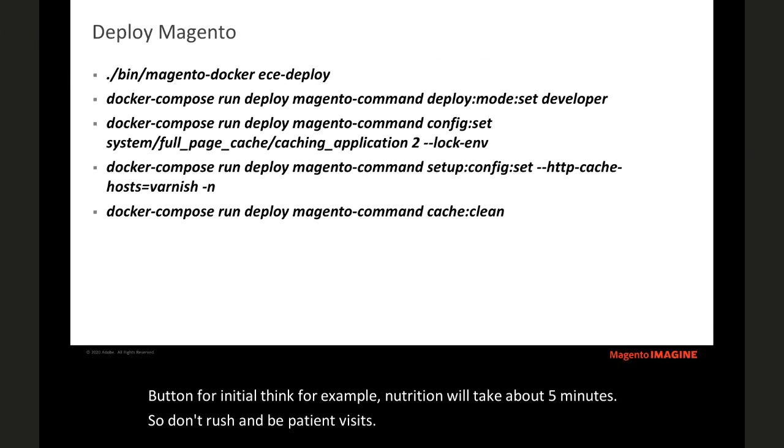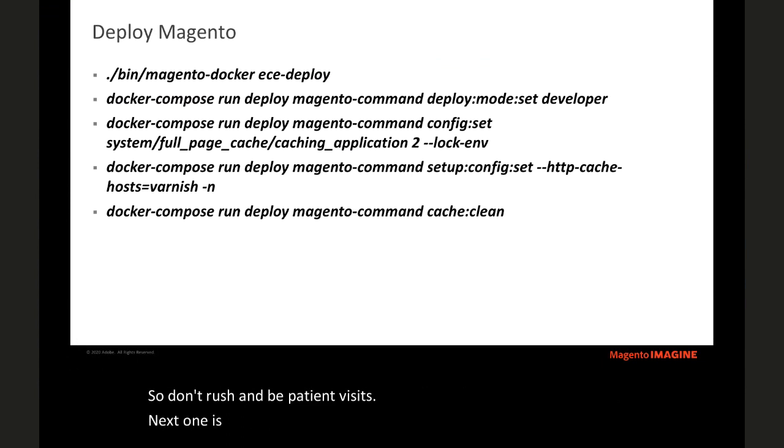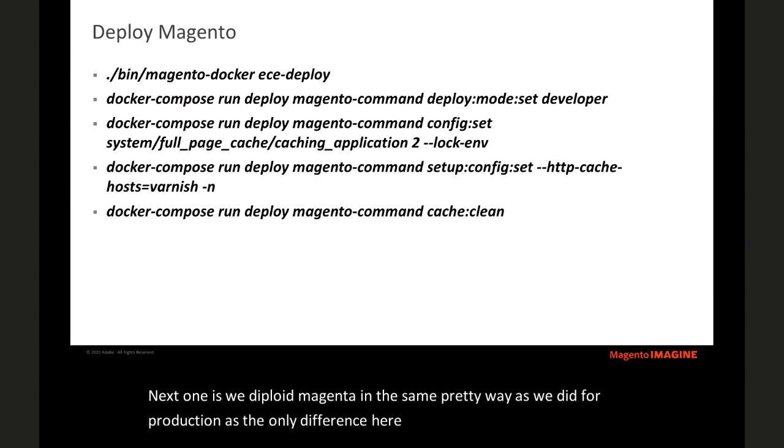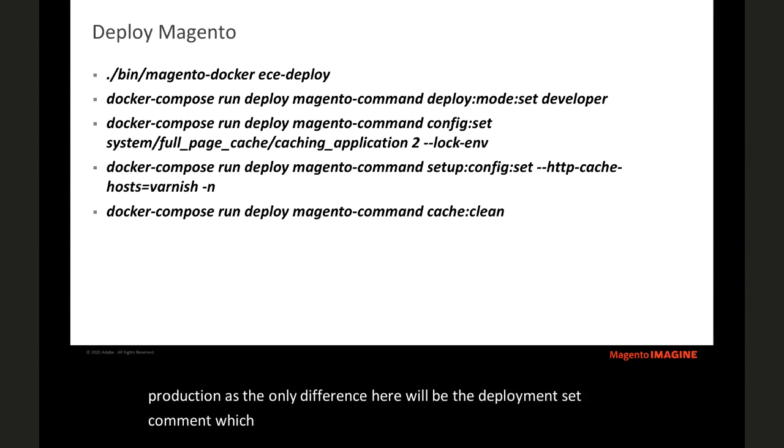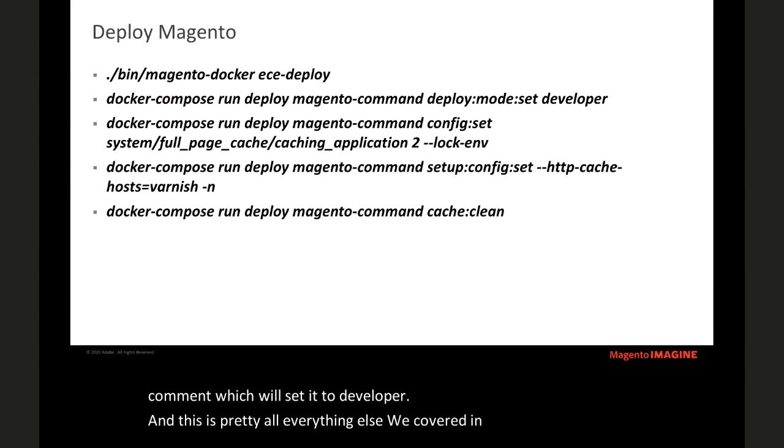Next, we are deploying Magento in the same way as we did for production. The only difference here will be the deploy mode set command, which will set it to developer. And this is pretty much all. Everything else we covered in previous sections.